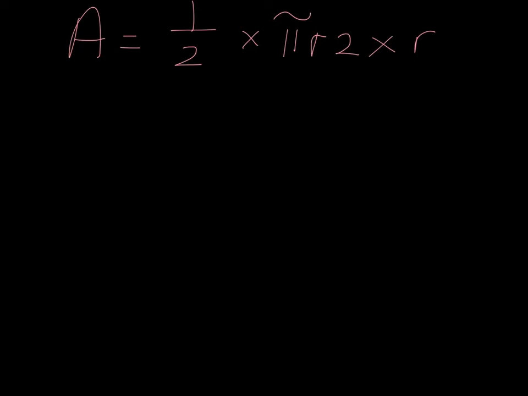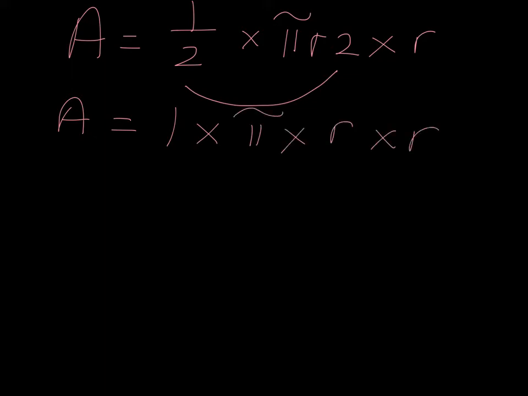So another way to break down this formula would be, now we kind of have to solve this, right? Now, half times 2 is actually 1. So to break this down further, it would be 1 times pi times r, right?